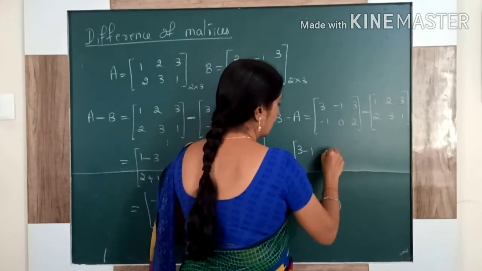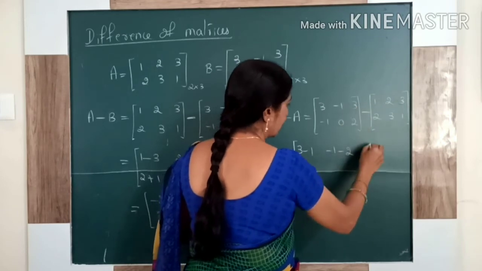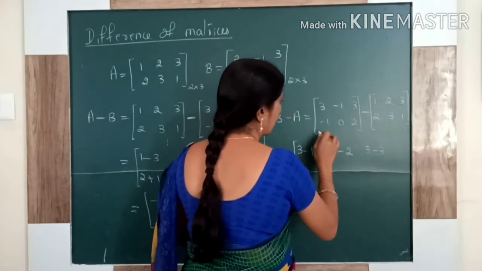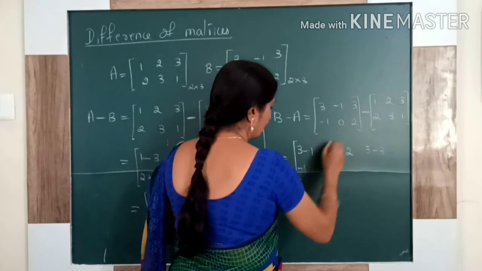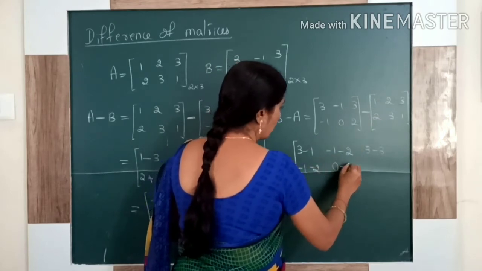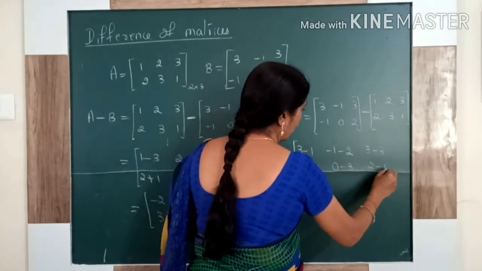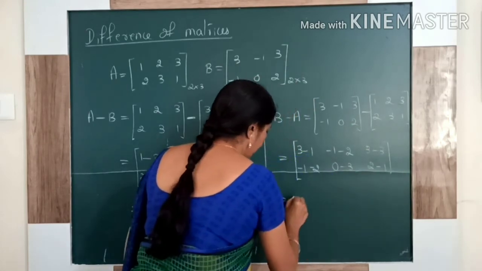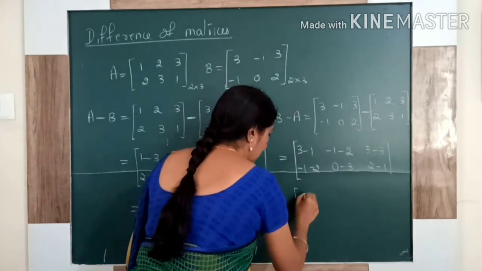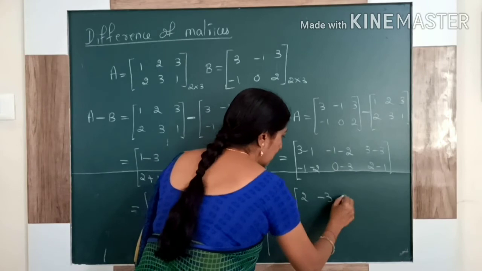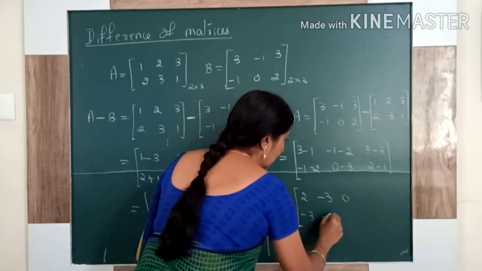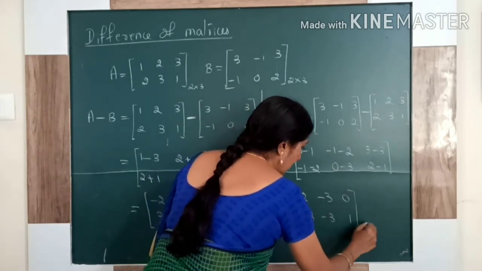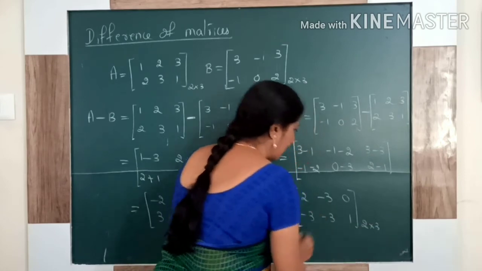Second element is minus 1 minus 2. Next element is 3 minus 3. Next minus 1 minus 2. Then 0 minus 3. Then 2 minus 1. So go for the subtraction. It is 2 minus 3, 0 minus 3 minus 3, 1. It also has the same order 2 by 3.